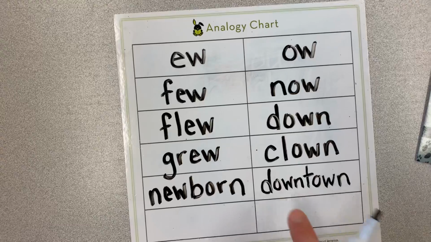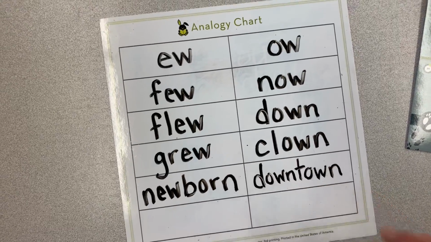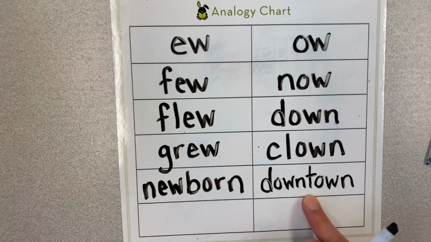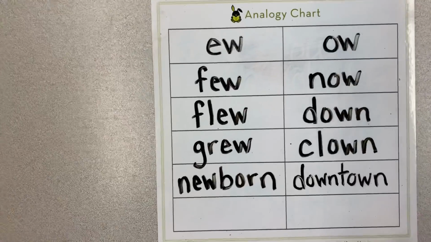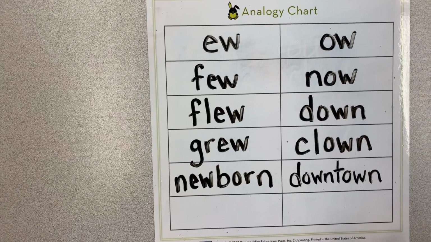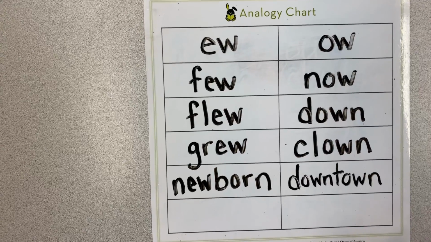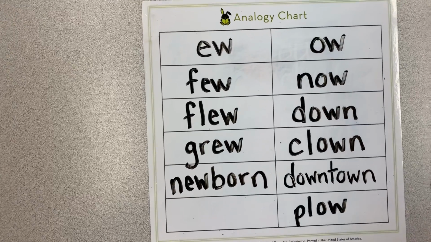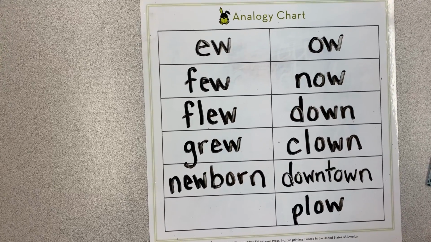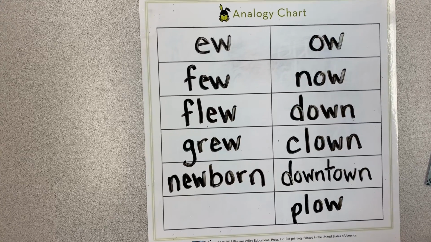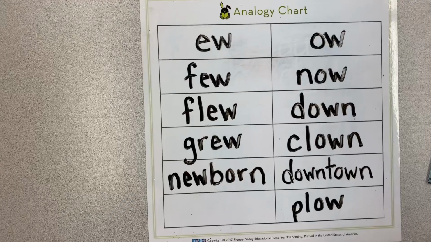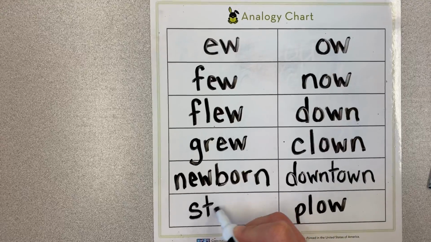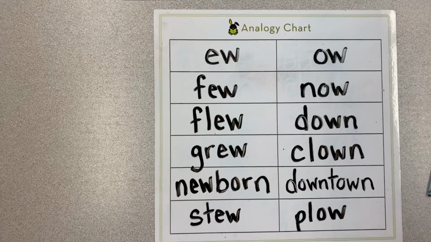Downtown. Down, town, downtown. Not only is downtown a compound word, but down and town rhyme, don't they? That's a fun one. The next word is plow. And the last word, stew.